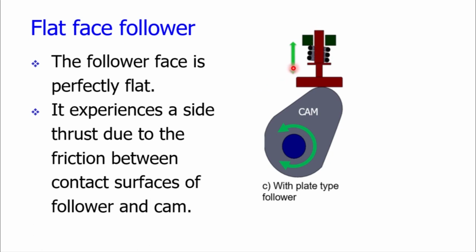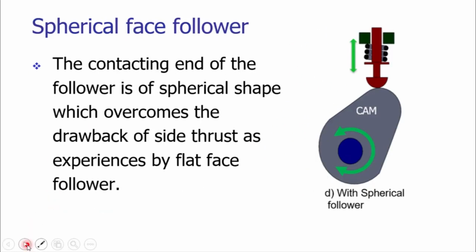It may destabilize the system. So this problem is solved by using a spherical end of the follower. Here we have gradual engagement of the cam with the follower. So the side thrust will be reduced in a spherical face based follower.